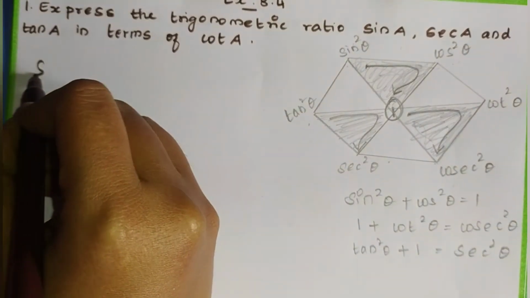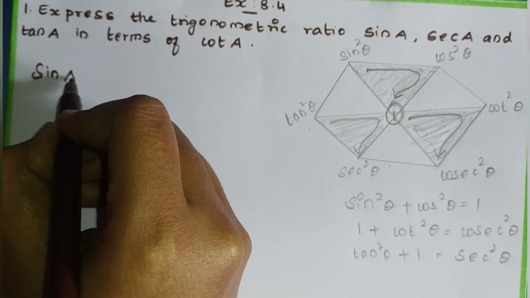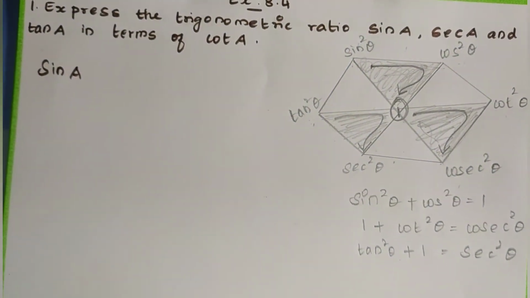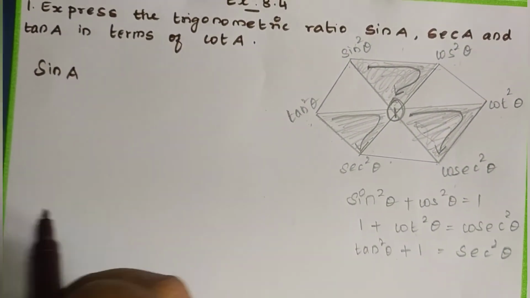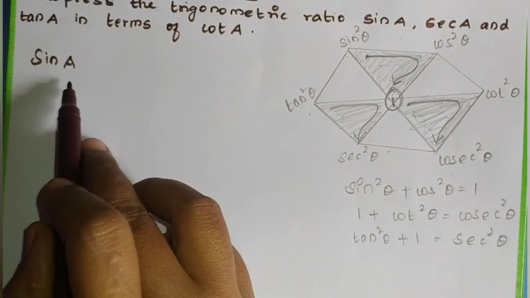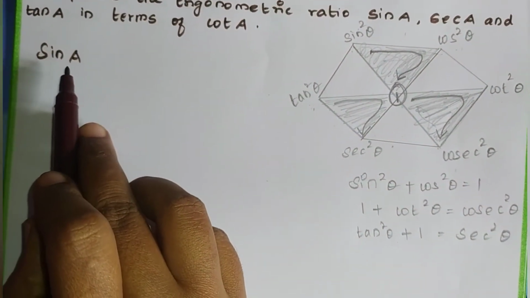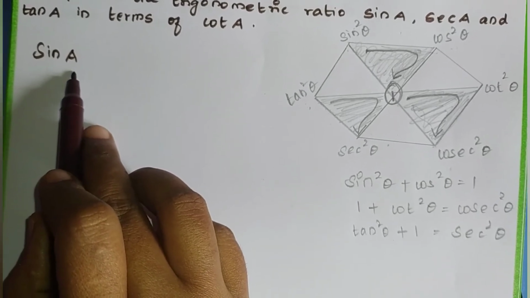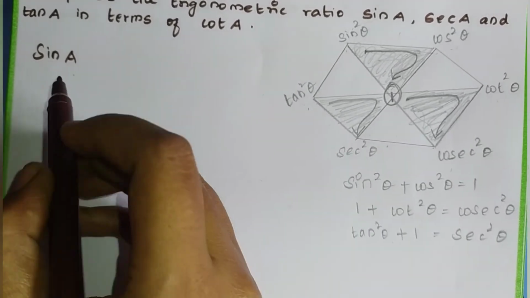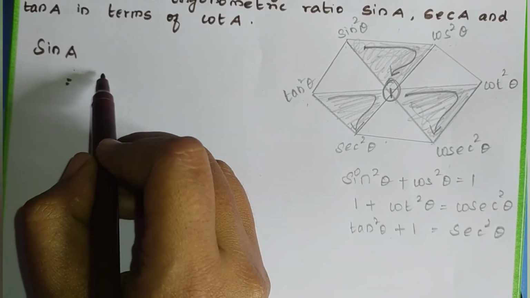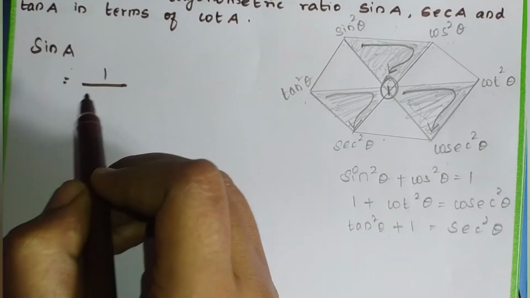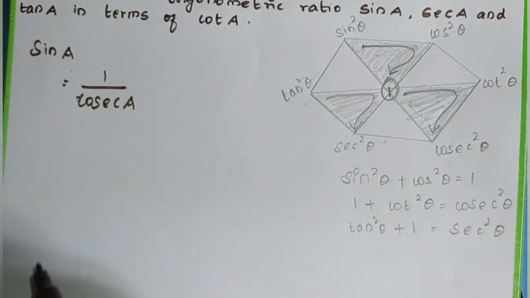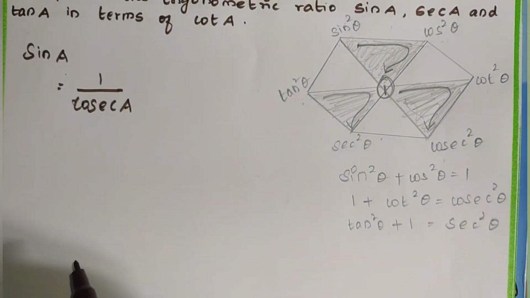First, I am going to take sin A. Sin A with respect to cot we have to write. We can change this into its reciprocal. Sin A we can write in terms of cosecant: 1 divided by cosecant A, that is the reciprocal of sin.